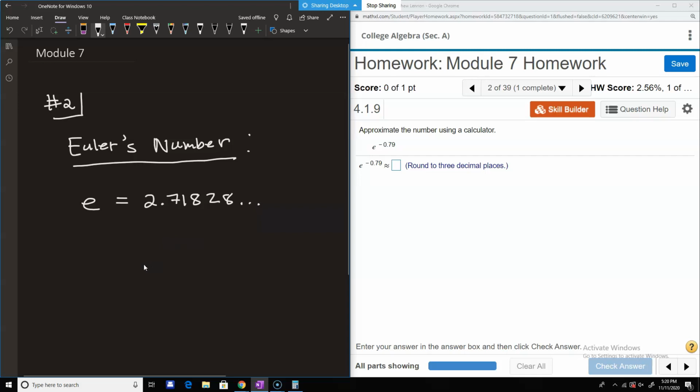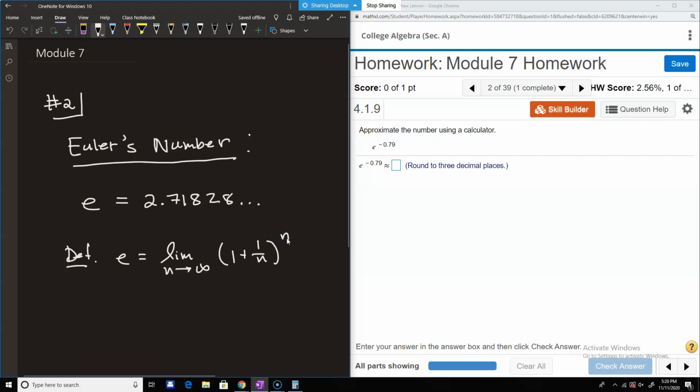And where does this come from? The actual definition involves a limit: the limit as n goes to infinity of (1 + 1/n)^n.